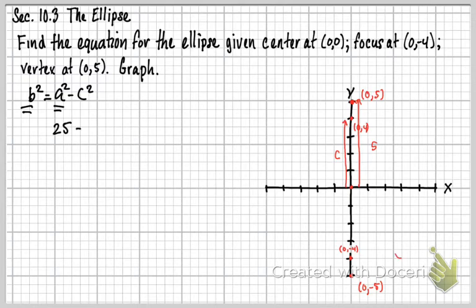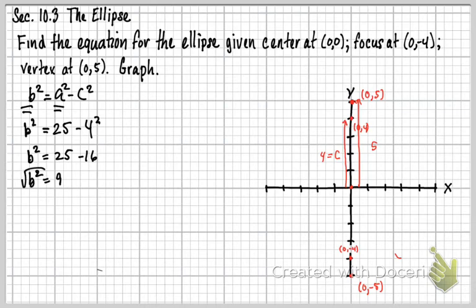And remember from previously, we had this c here, and we knew that c was 4, didn't we? Yeah, so I can just put my 4 in there. And actually not just 4, but 4 squared because it said c squared. And that equals my b squared. So then b squared is going to equal 25 minus 16. So then b squared equals 9.